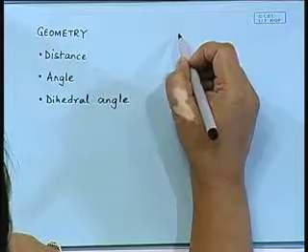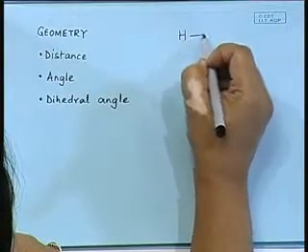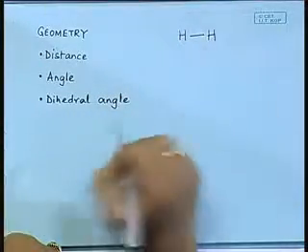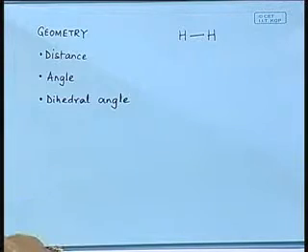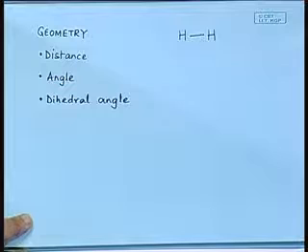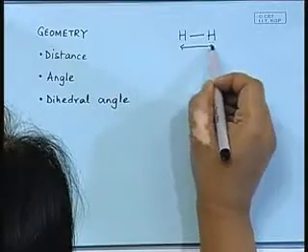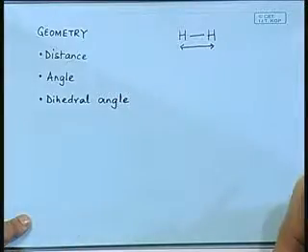Say I want to tell you what the geometry of hydrogen is. What information do you need? You need just the distance between the two hydrogen atoms. That's all the information you need. Because if you know where one is located, you can find out where the other one is just by knowing what the distance between the two atoms is. So all you need in this case is this distance.